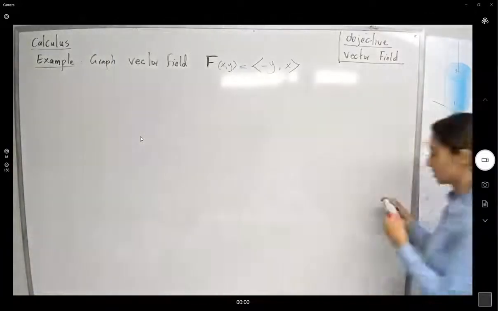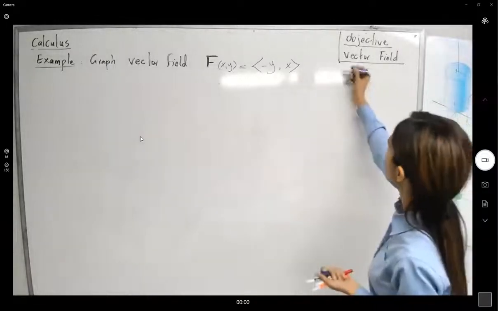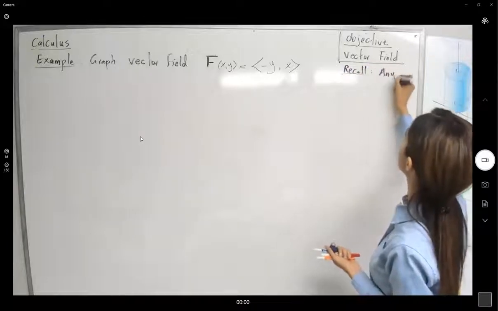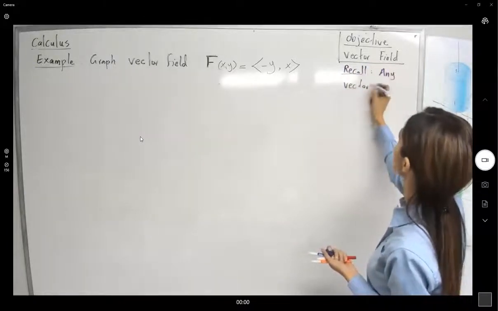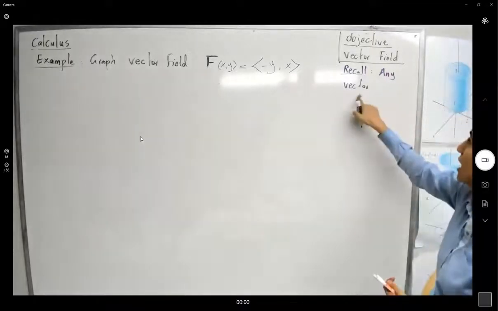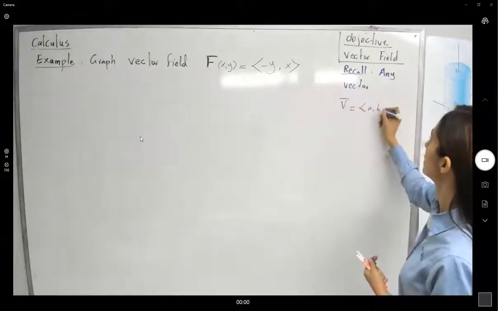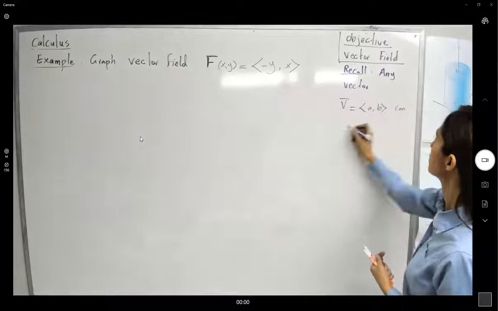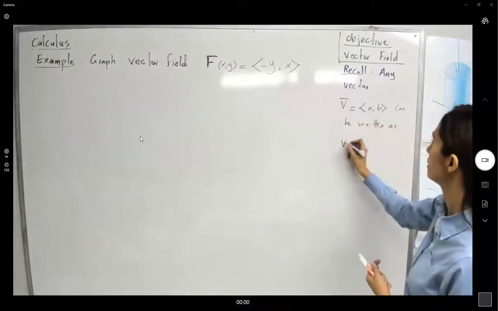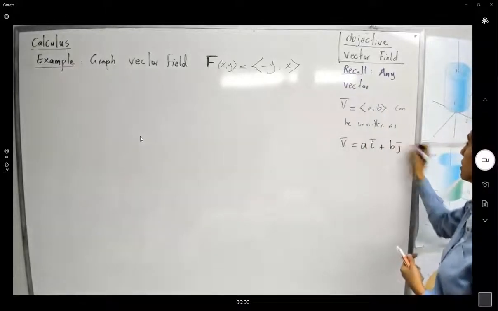First of all, let's just write down a small review here. Recall that any vector, it doesn't matter if it's a vector field or just a vector, any vector like v, which is defined as a comma b, can be written as v equals a times i plus b times j.